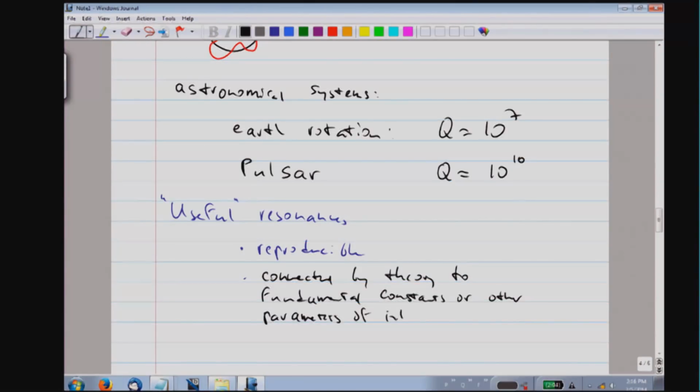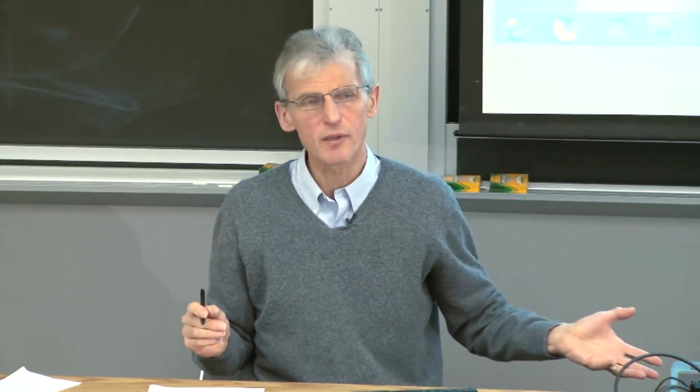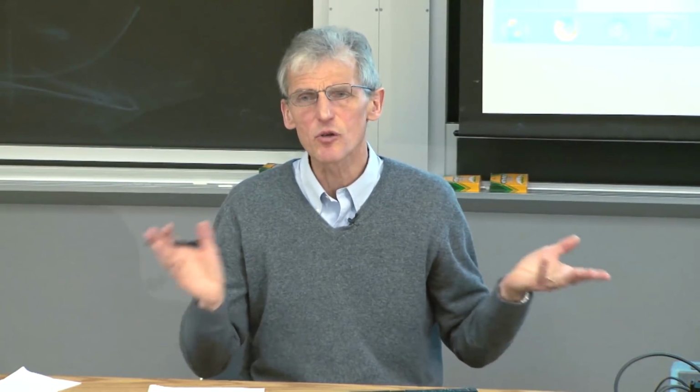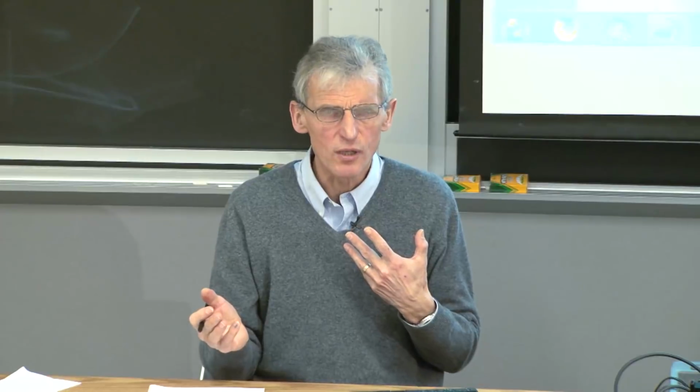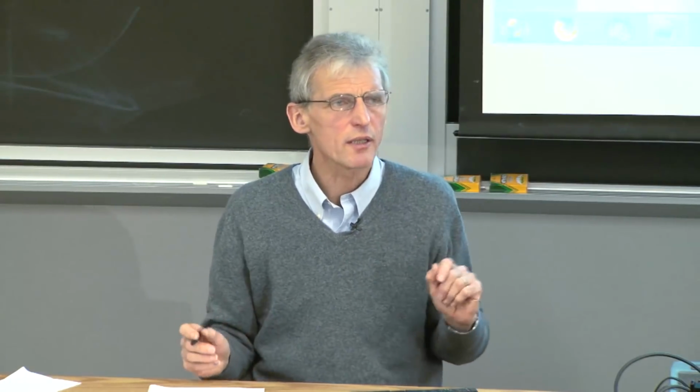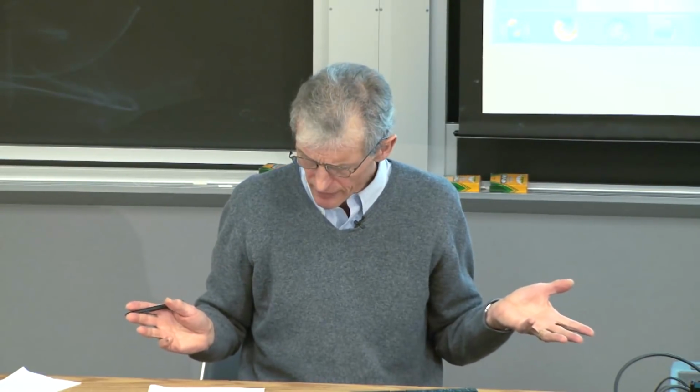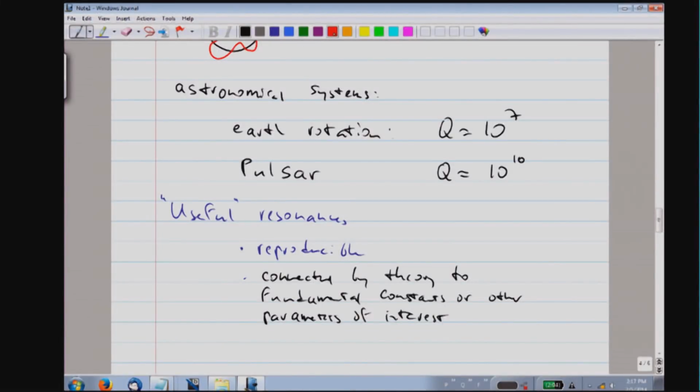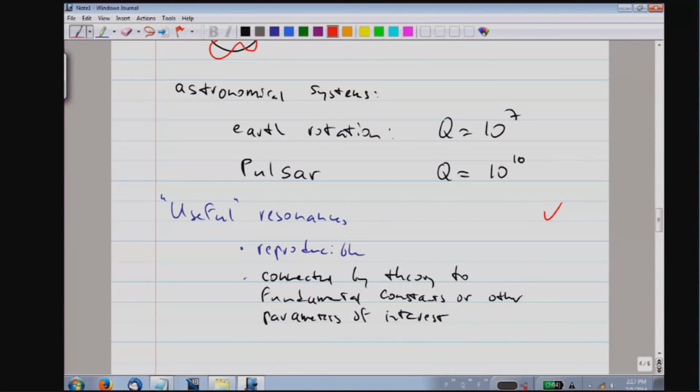If you want to measure a magnetic field with very high precision and you look at atomic resonance, it's only useful when you have a theory which tells you how the shift or the broadening of the resonance is related to magnetic fields. And this is again a specialty of AMO physics. We have plenty of resonances which are useful by those standards.